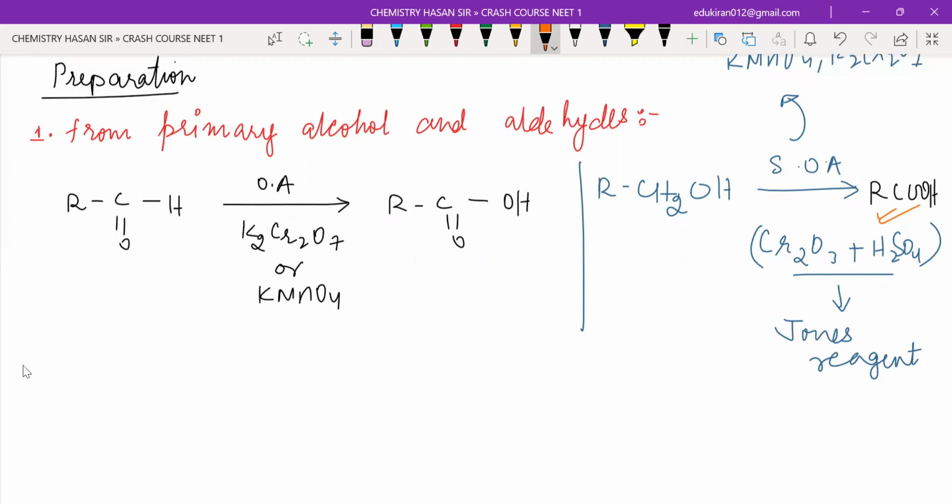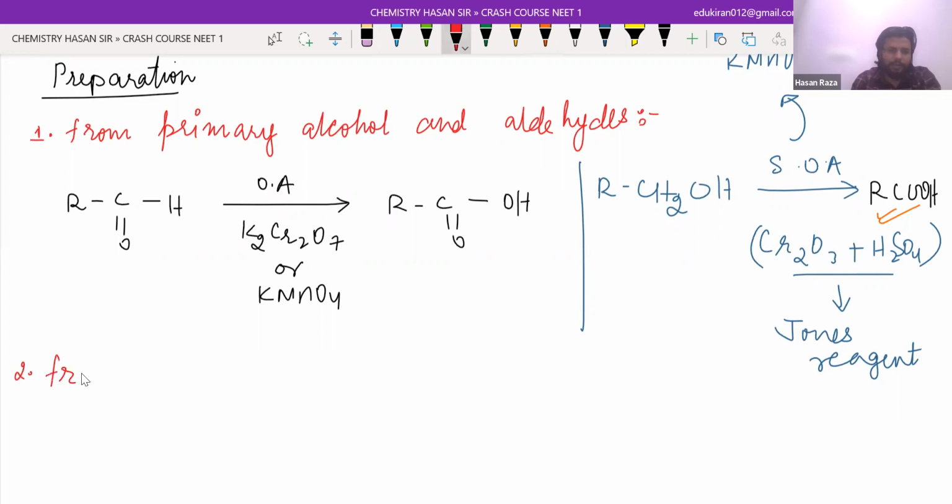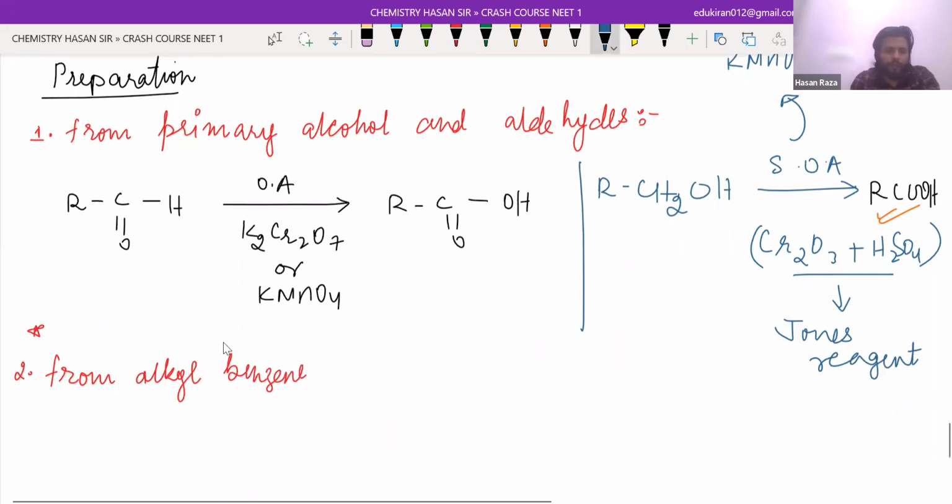Now the next one is from alkyl benzene, and this reaction is very important. From alkyl benzene, this is your benzene and this is your alkyl part.